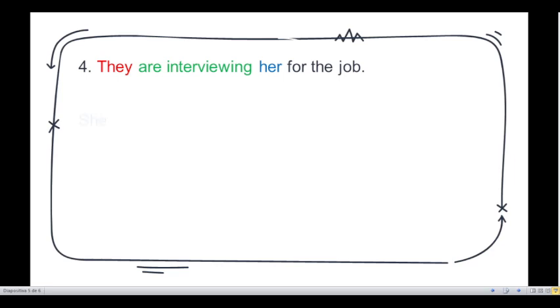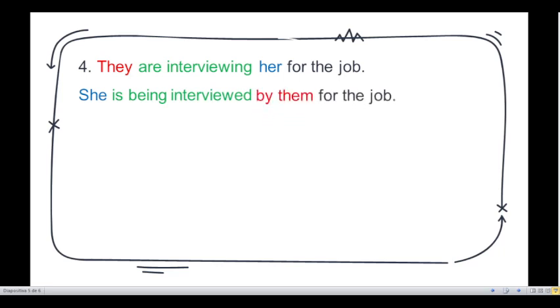Her will become she. Then we have to write the auxiliary verb be in present continuous. She is being. Exactly. Then the main verb in past participle. Interviewed. Very good. By who? By them. And finally the complement, for the job.